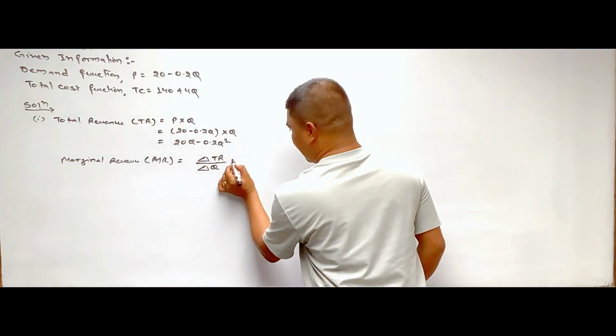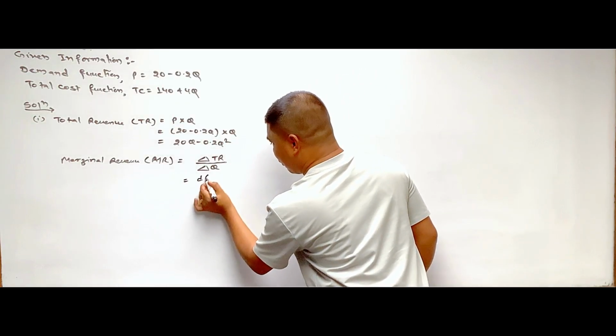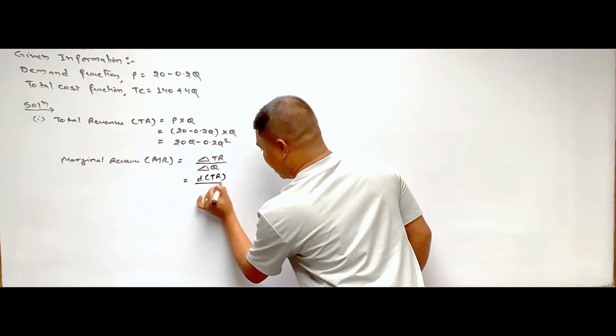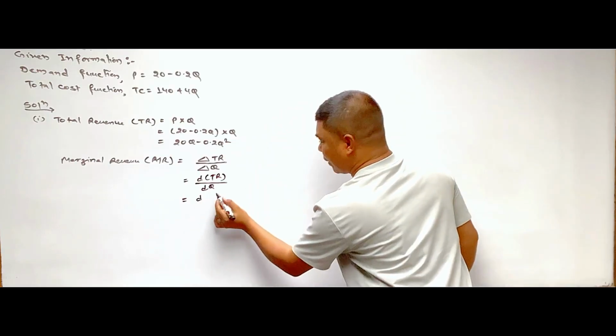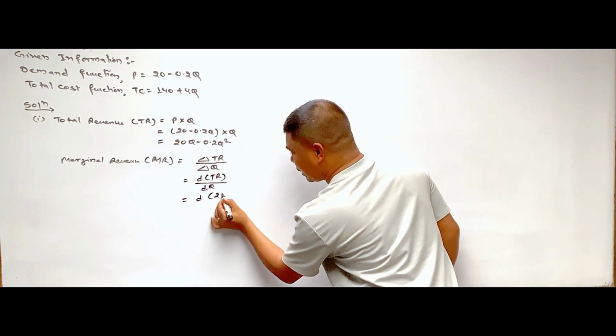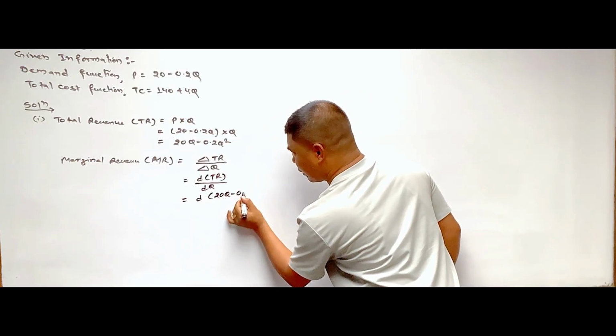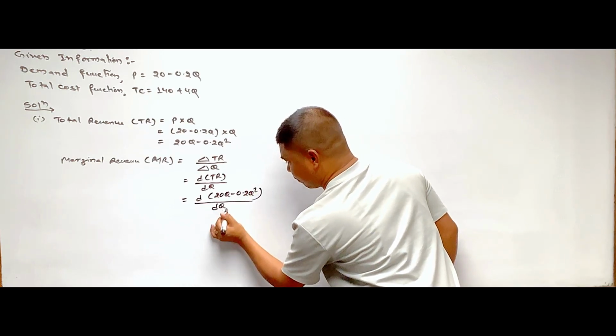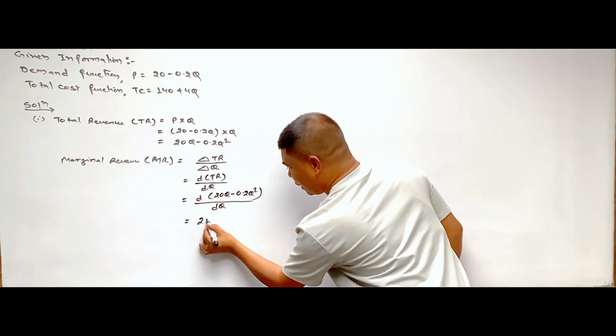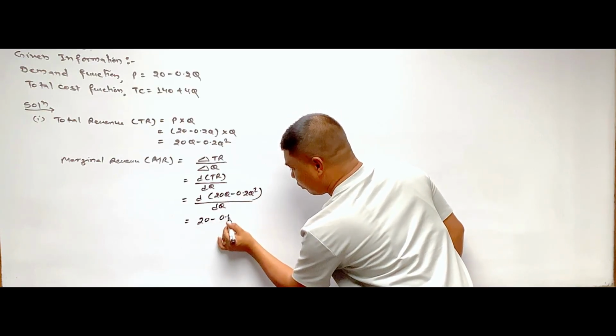So it is the derivative of total revenue with respect to quantity. The derivative of the total revenue function, 20Q minus 0.2Q square, with respect to dQ gives 20 minus 0.4Q.